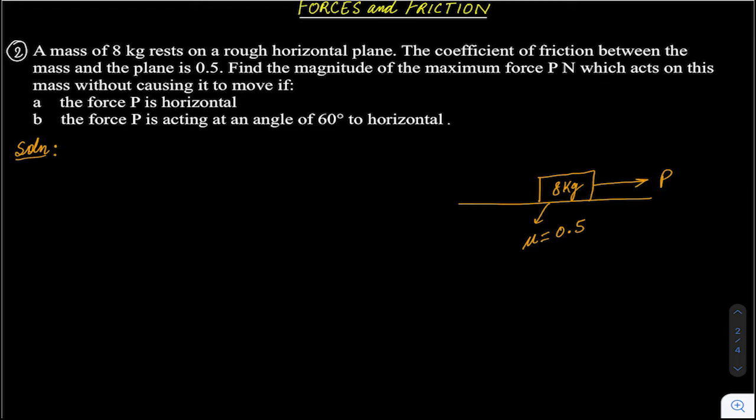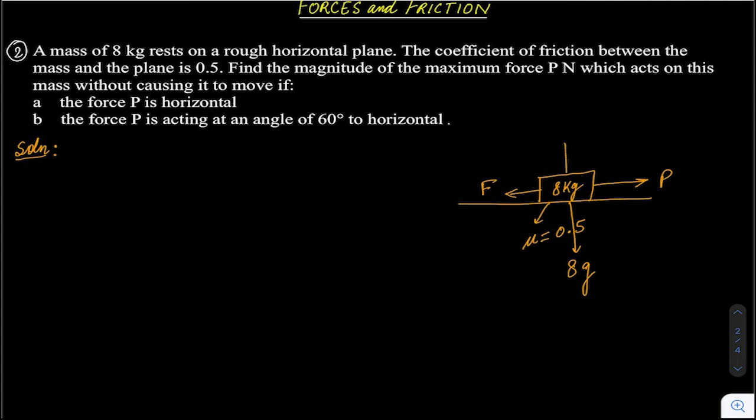Now, when P is trying to pull this object to the right side, friction will try to resist this. So friction force F will act in the backward direction, that is towards left. So this will be our diagram, and we obviously know there is mg downwards, that is 8g.